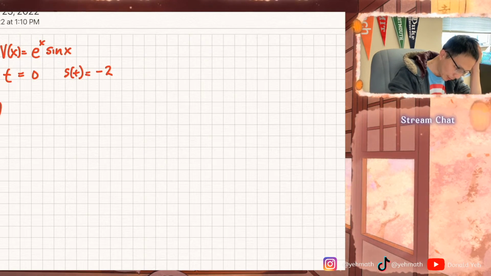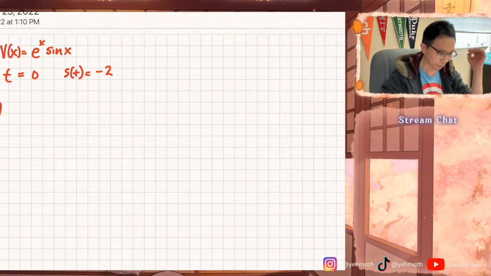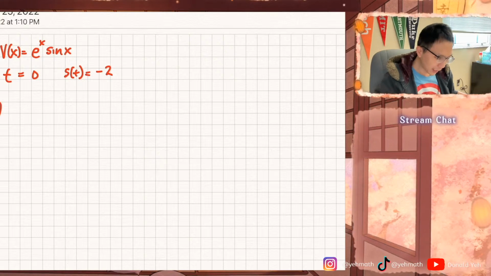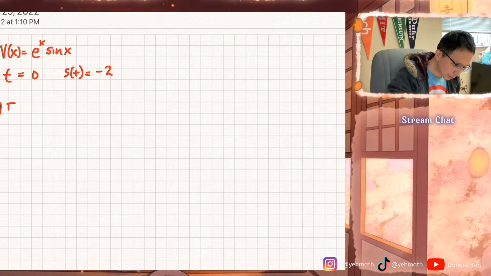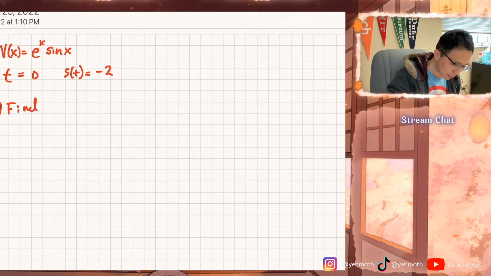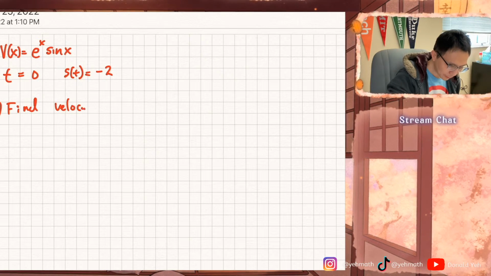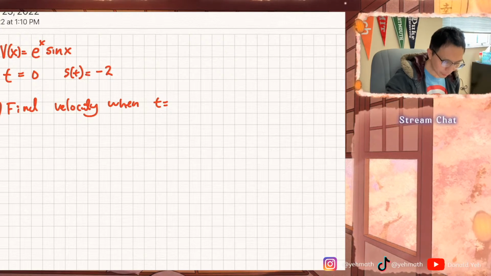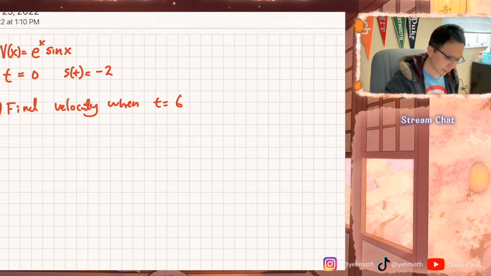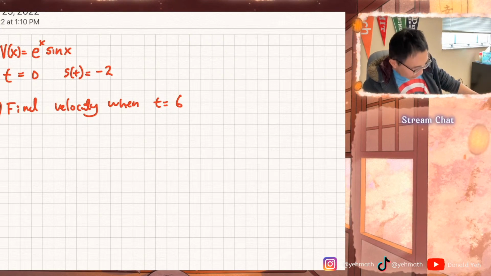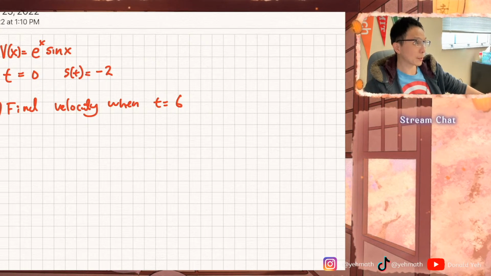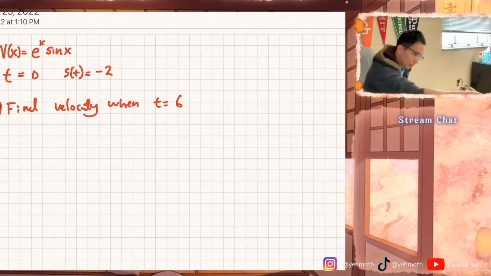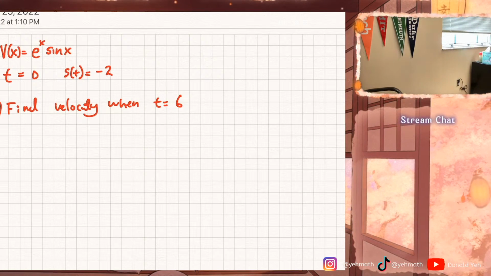Part A I'm going to ask you says, I want you to find the velocity when t equal to 6. Find velocity when t equal to 6.